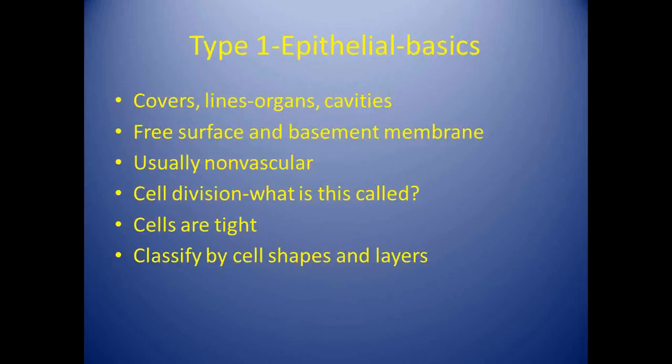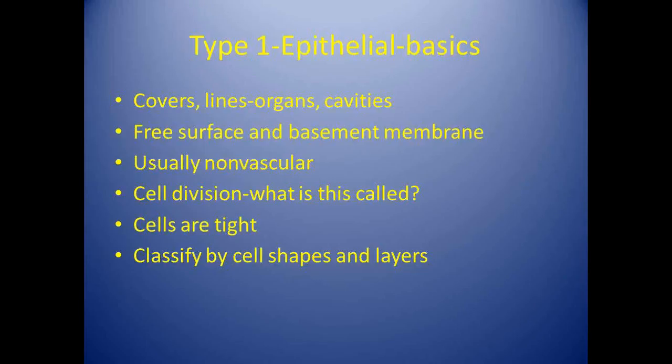They have a basement membrane down towards the bottom and a free surface above. Most of the time they're non-vascular, which means no blood flow in that area. They will go through cell division, and in a lot of cases we're talking about mitosis, not meiosis. Meiosis is more for sex cells. Mitosis is for somatic cells or body cells.